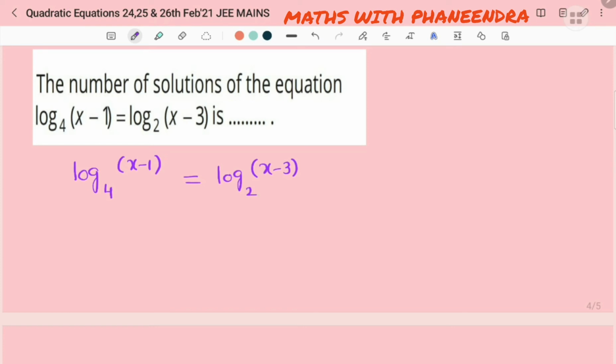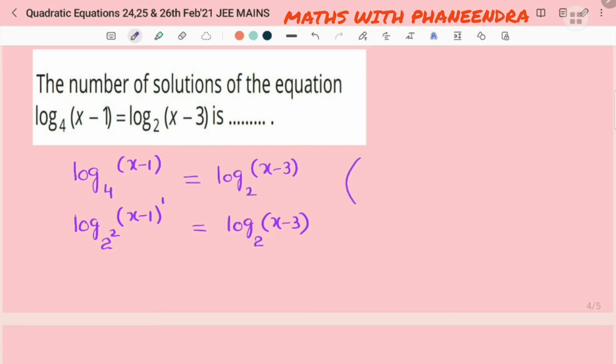So both are logarithmic functions. Here 4 can be written as 2 square. So log x minus 1 to the base of 2 square, x minus 1 power is 1 obviously, equals log x minus 3 to the base of 2.